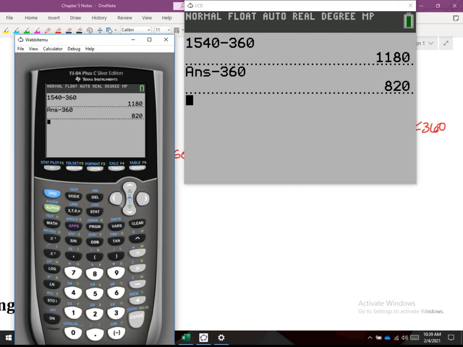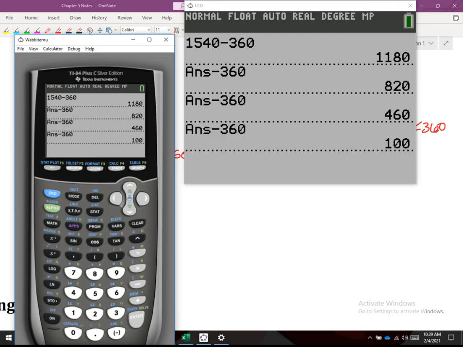But now because it says ans minus 360, if I hit enter, it's going to copy and paste this. But then when it sees ans in this next line, it's actually going to refer to 820. So it's going to continually subtract 360 for me when I hit enter. Does that make sense? It'd just be a little bit more efficient or quicker way for you guys to use your calculator.